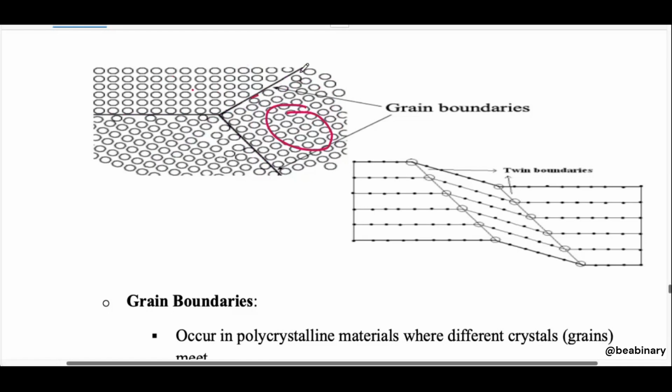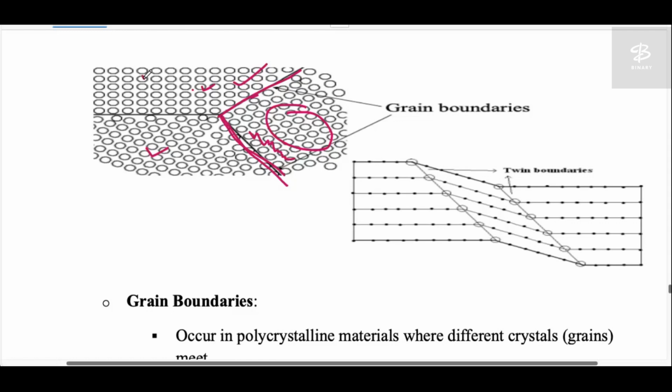At this boundary they have stopped growing, and from this boundary a different kind of grain has grown. Till here the grain above has grown, and after that it has stopped at that particular boundary, and after that boundary different kinds of grains have grown.